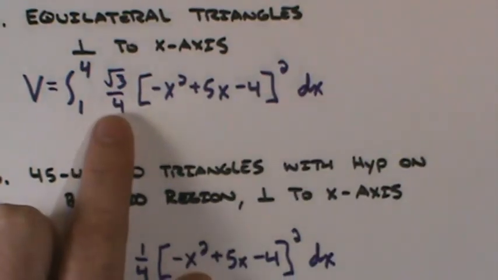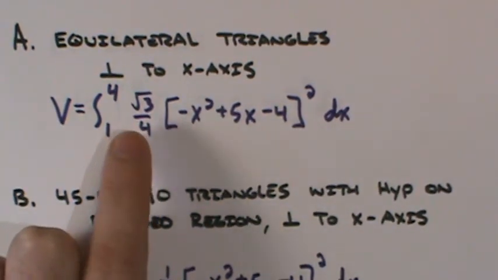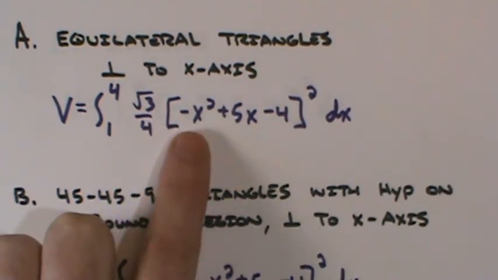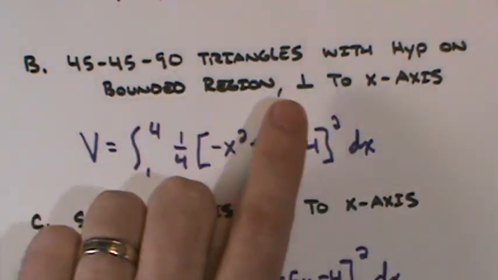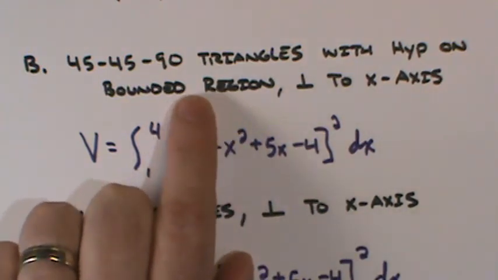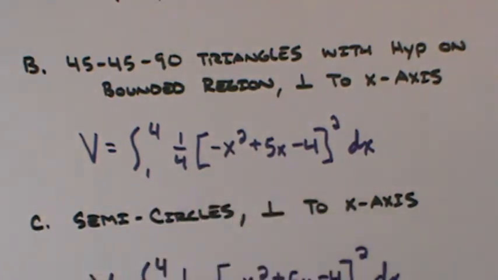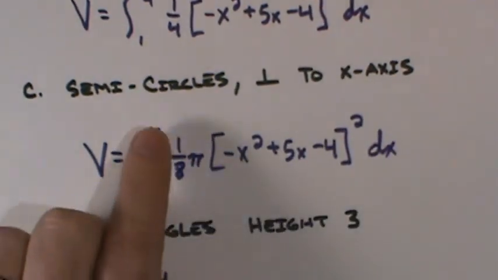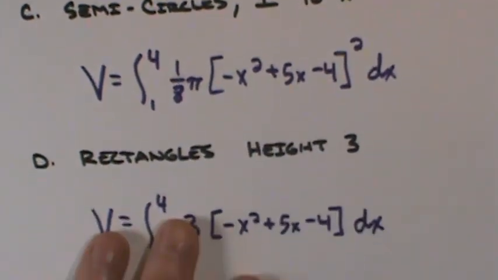And you can see all I did was invoke each of those formulas. For equilateral triangles, it was rad 3 over 4 base squared. For 45-45-90 with the hypotenuse found on the bounded region, that was 1/4 the base squared. Semicircles was 1/8 pi the base squared.